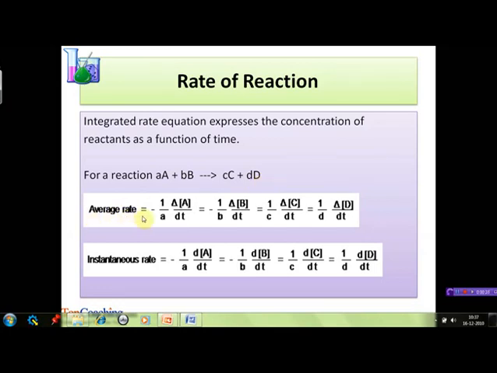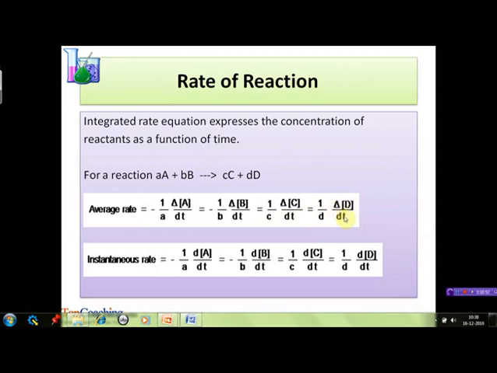average rate will be equal to minus 1 upon a delta A upon dt. Delta A will be the change in the concentration of A during the time period dt, or minus 1 upon b delta B upon dt, or 1 upon c delta C upon dt, or 1 upon d delta D upon dt.